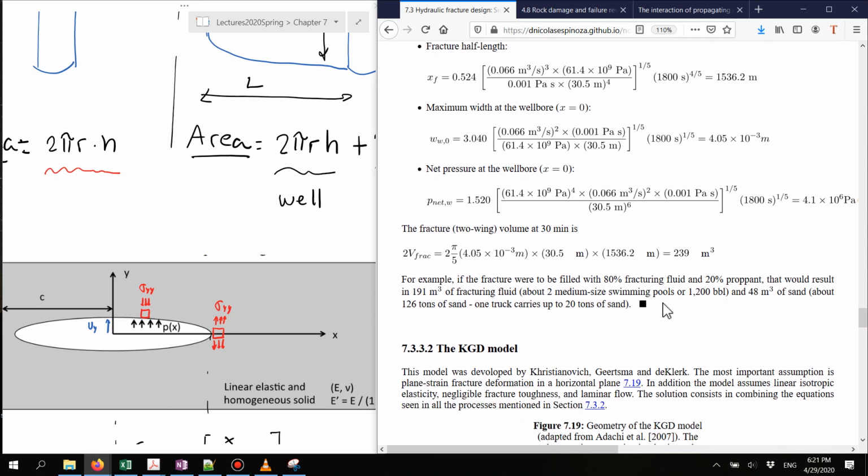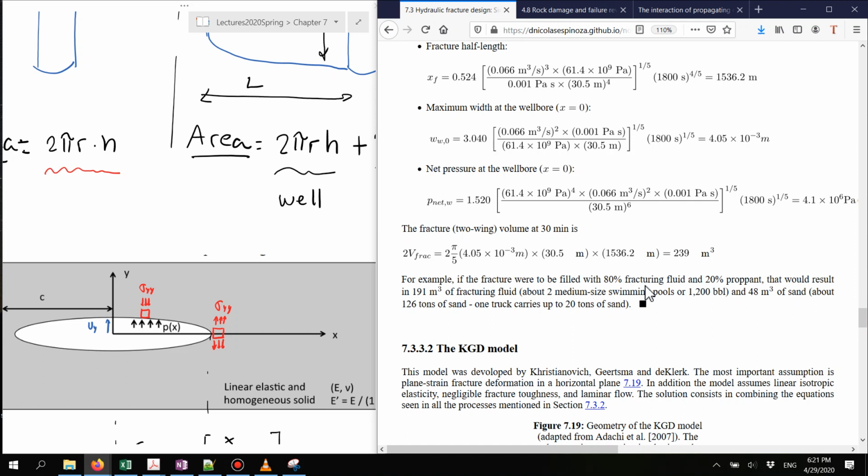All right. And as I was saying before, if you knew the mixing ratios for your fracturing fluid, out of this you can compute right away, for example, the amount of water needed for this treatment, or the amount of proppant also needed for this particular treatment.